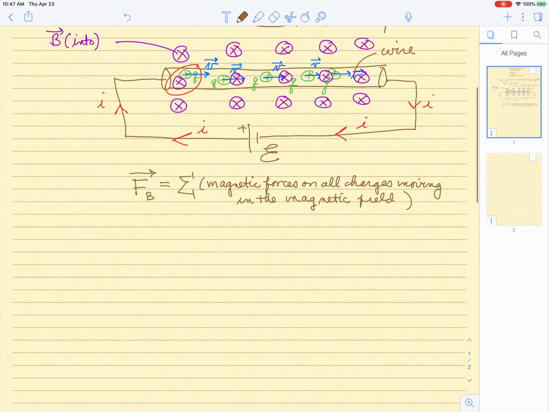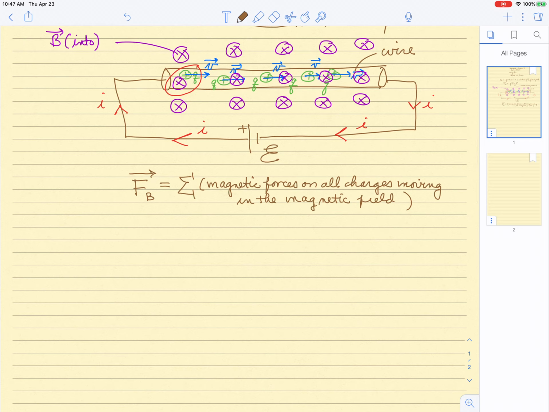What's that going to look like more quantitatively? Well, let's at least do some dimensional analysis here.